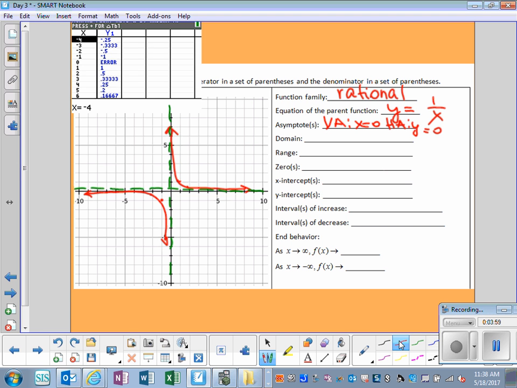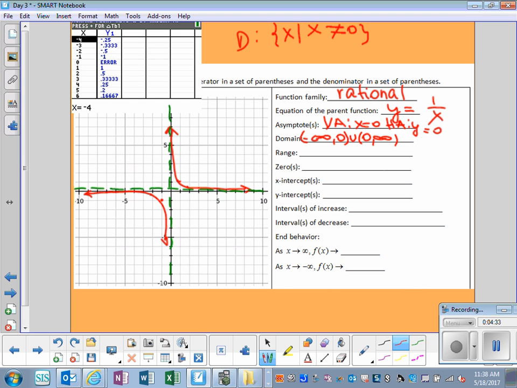So my domain will be, in interval notation, negative infinity to 0, union 0 to positive infinity, or you could also write the domain in set builder notation, all x such that x not equal to your vertical asymptote value. In our case it's 0.